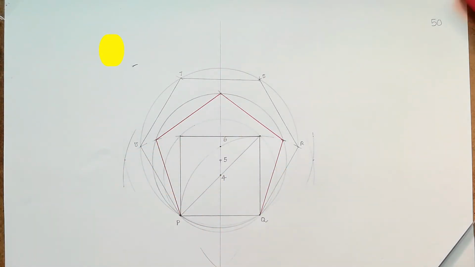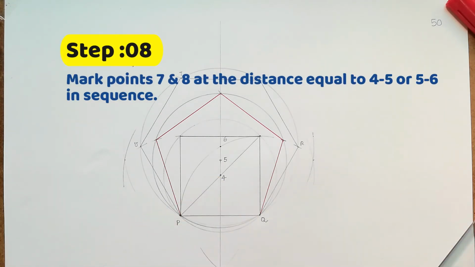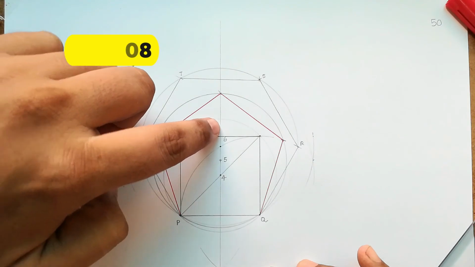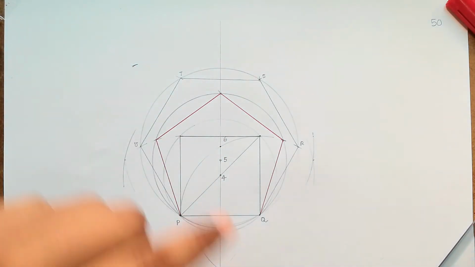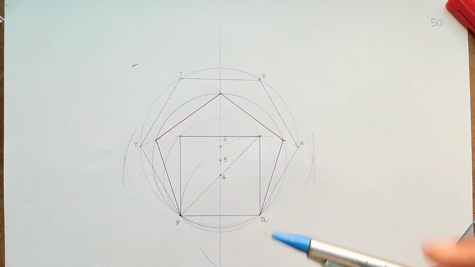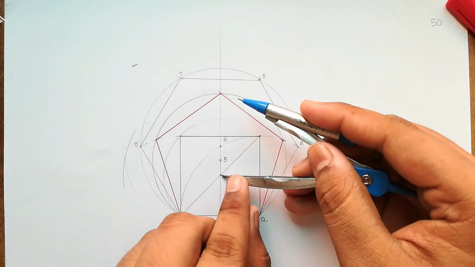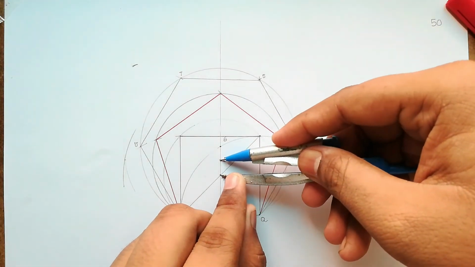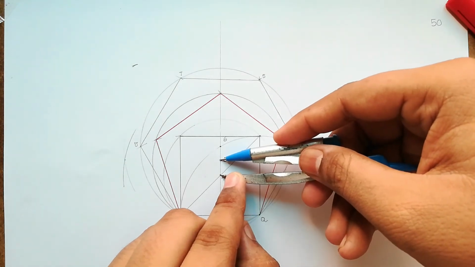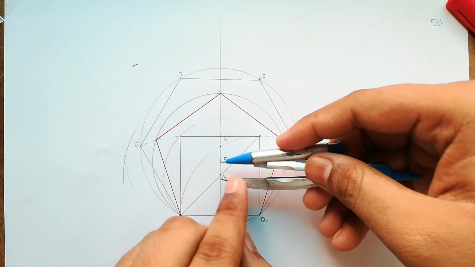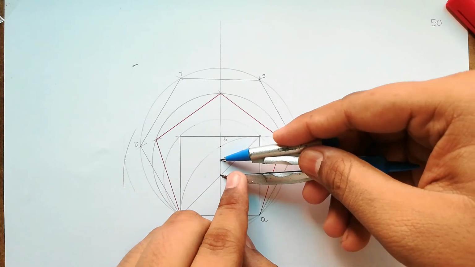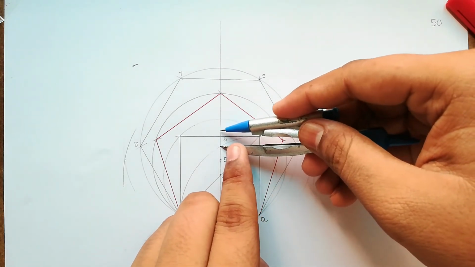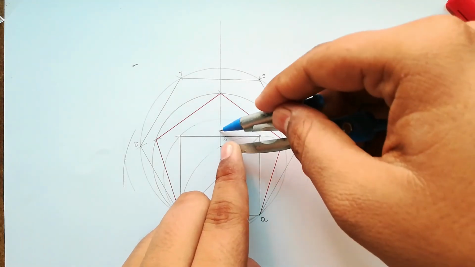Now, if you want to draw the heptagon, in this case, you need a 7th point, which will be above the 6th point. At how much distance? The distance will be equal to the distance from 4 to 5 or 5 to 6. Okay, so this is the distance that I am going to have for the heptagon. So I will take the distance from 4 to 5 and mark that distance from point 6, above the point 6.